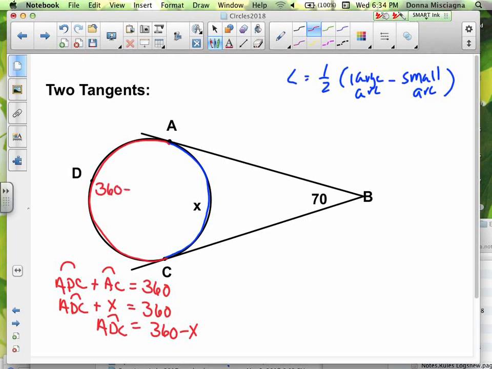So on these problems, right, it may be that you're only going to be given one arc, and you're going to have to subtract.